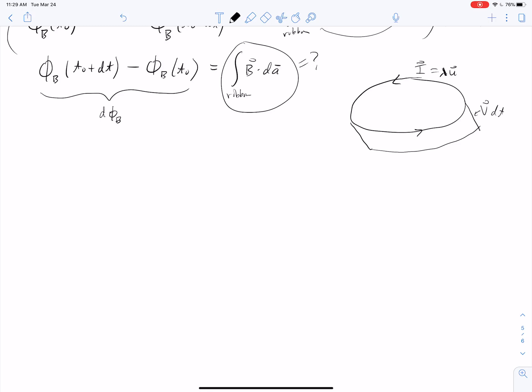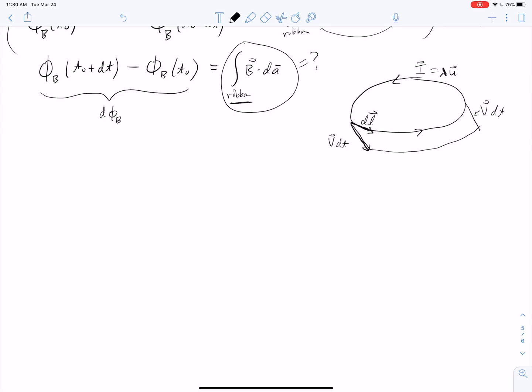Let's just do some geometry, because what we realize is that this vector here is v dt, and if I'm integrating the ribbon here, I have to integrate along the ribbon, so I can break the ribbon into little chunks. I'll call that dl, right?